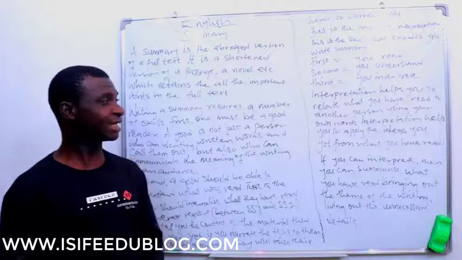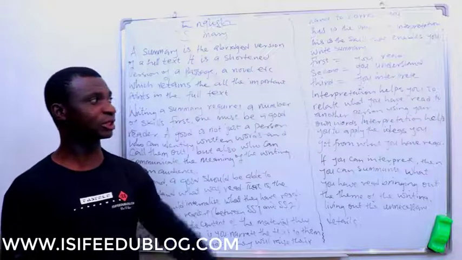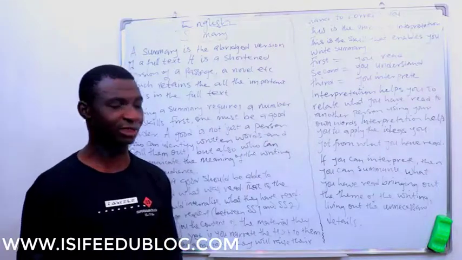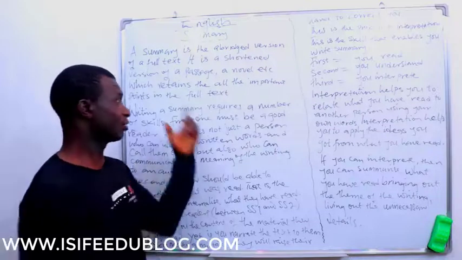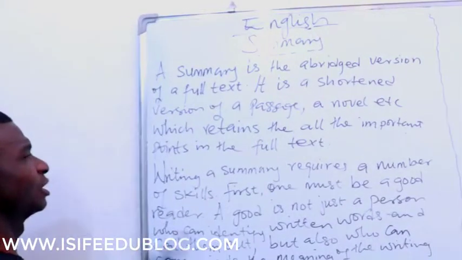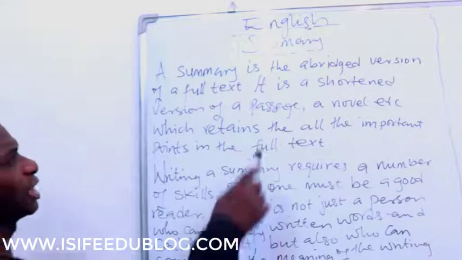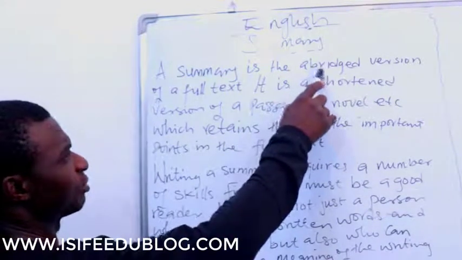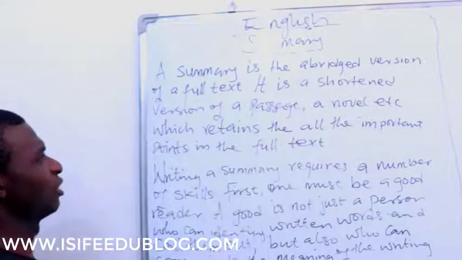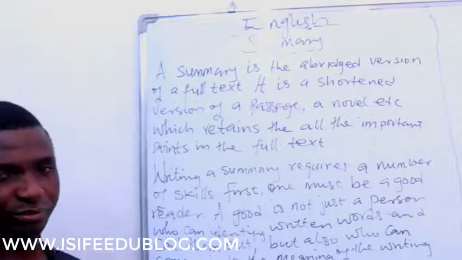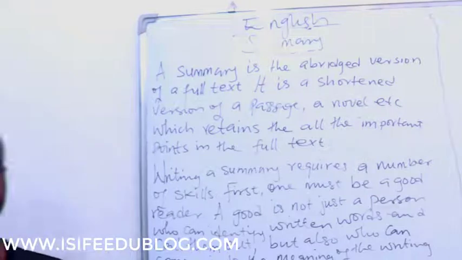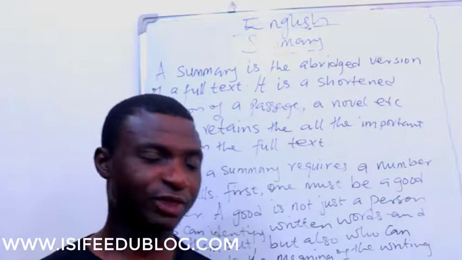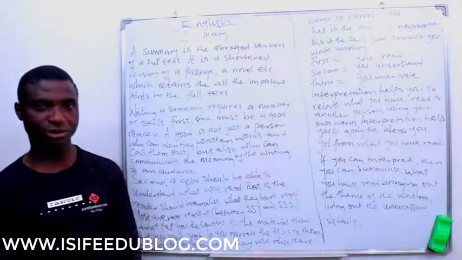So it is at that point, where you're able to interpret what you have read, that you can talk of summarizing it. Look at our note here. A summary is the abridged version of a full text. The version that has been cut short.